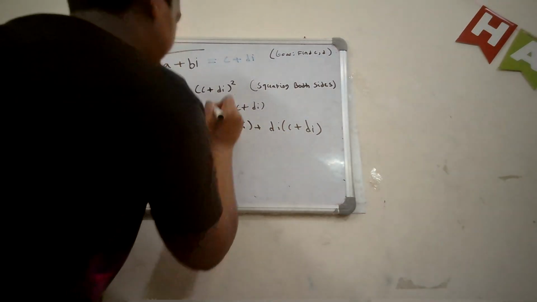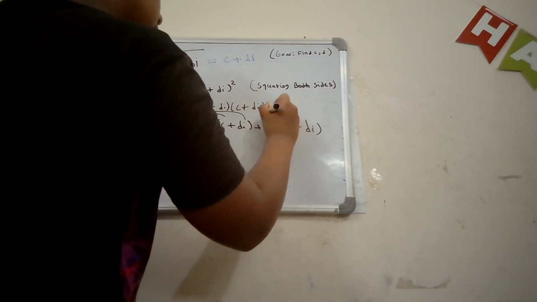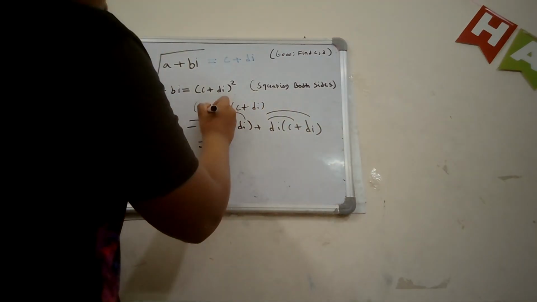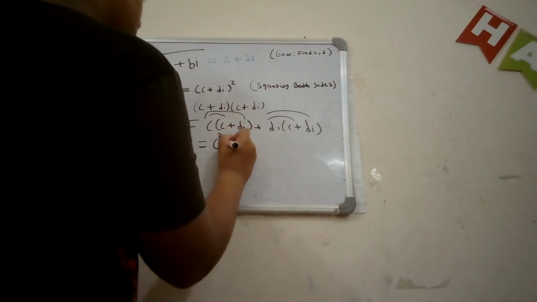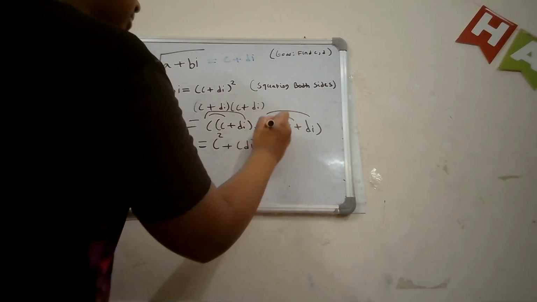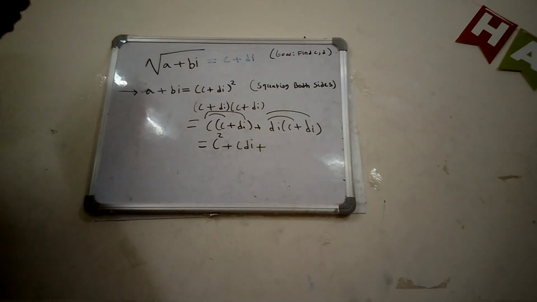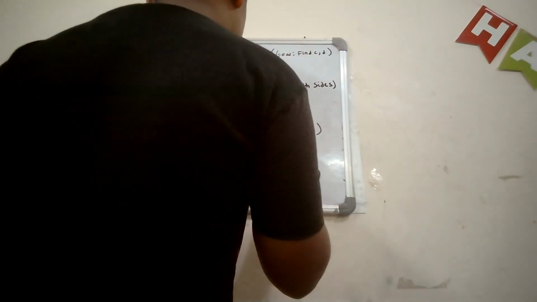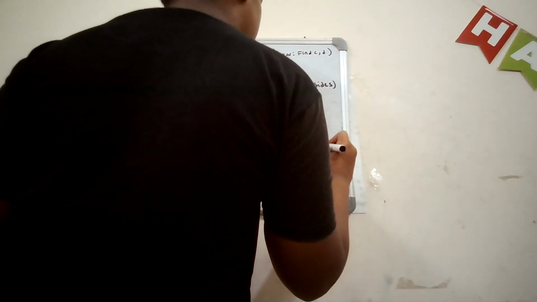Now you can simplify this, distribute this and that. Okay, so c into c is c squared, c into di is c di, and then here di into c is dic, or you can write it as c di because multiplication is associative, so I'm just going to write this as c di. Then plus the whole square of di.